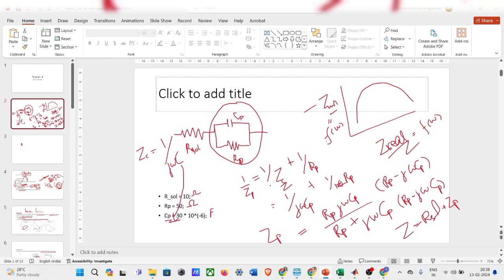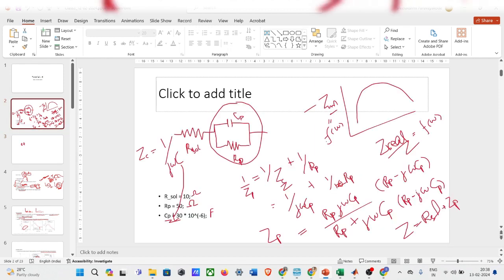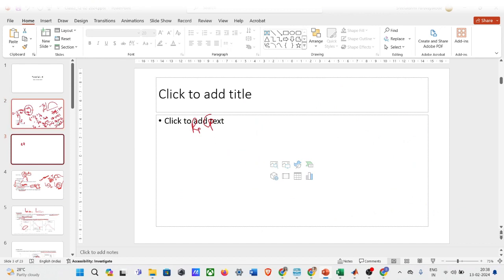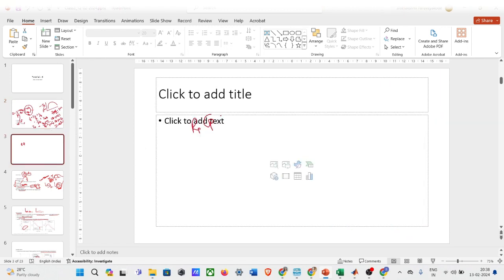Total impedance is R0 plus RP upon, let me simplify it even more.